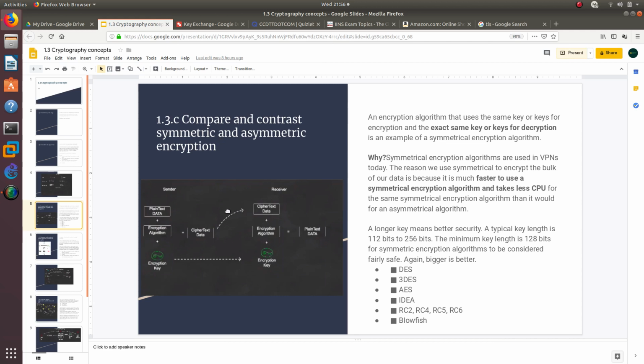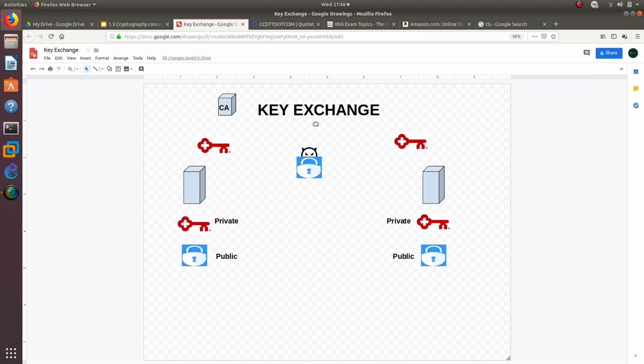So how do I receive a shared key? The first thing that we do is actually use asymmetric encryption, which works by me sending my public key over here and the other server sending me its public key over here.